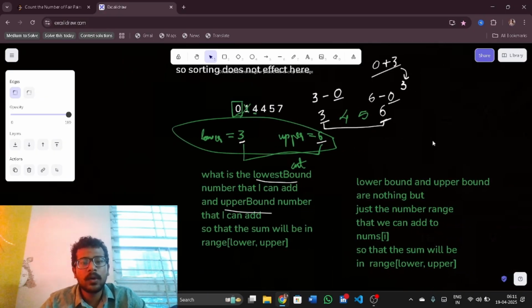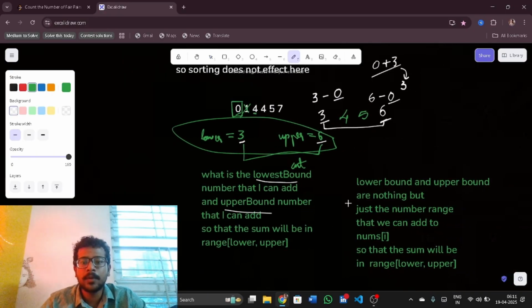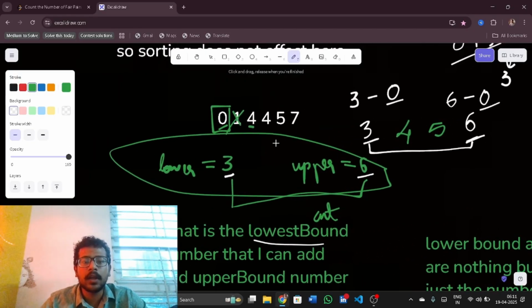So this is what the lower bound and upper bound indicate. Now I have 4. Okay, 0 plus 4 will come in this range, right? That's why I am searching, instead of going to lower and upper by taking the sum, I am checking the numbers which come in this range, lower bound and upper bound, right?